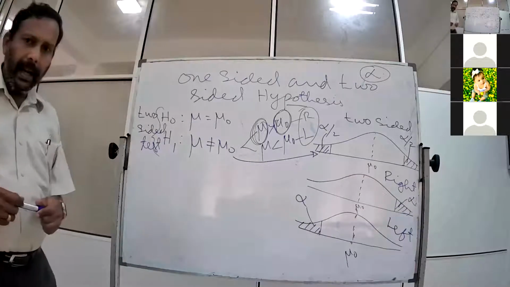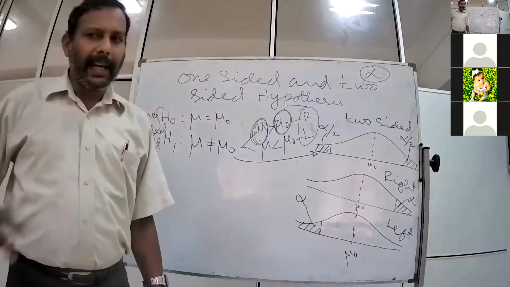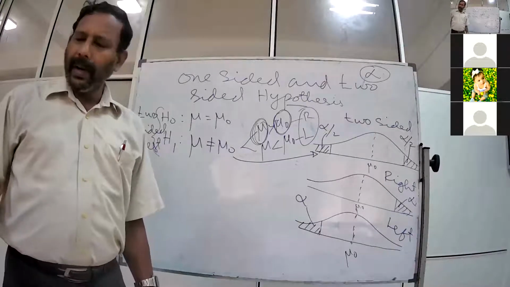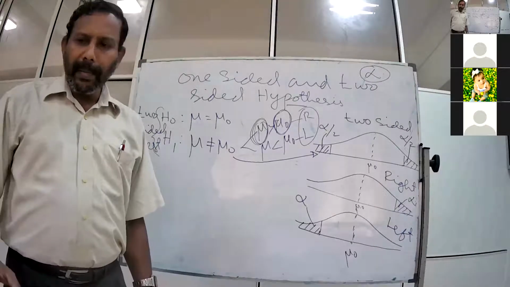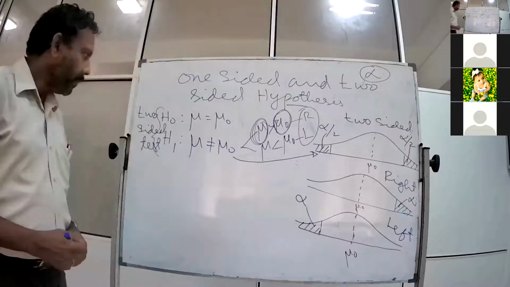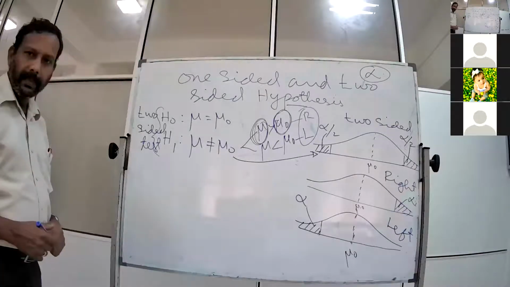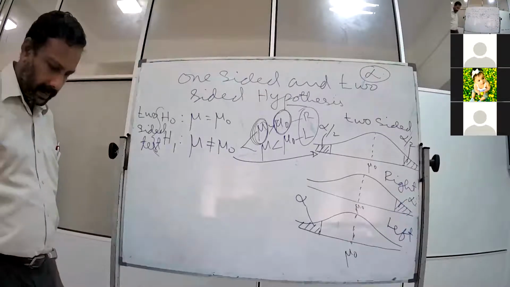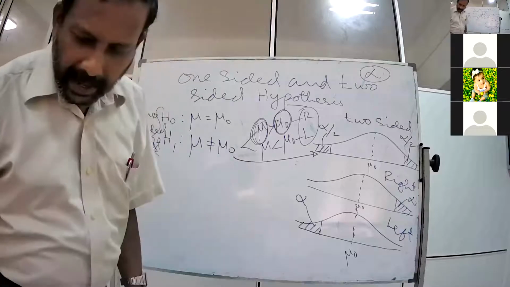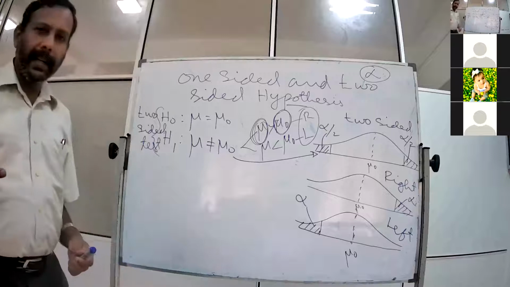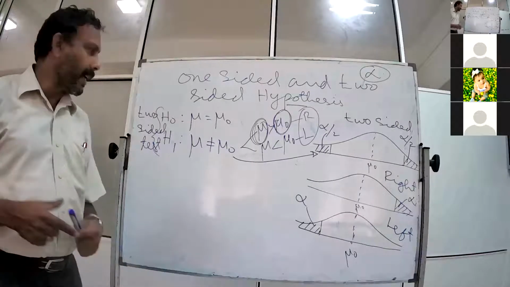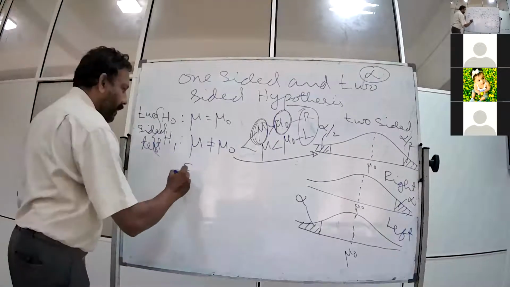Right. Last time we took another example, not paddy. I took some other example. Can you remember? Irrigation water. Yeah, that is the EC, electrical conductivity.